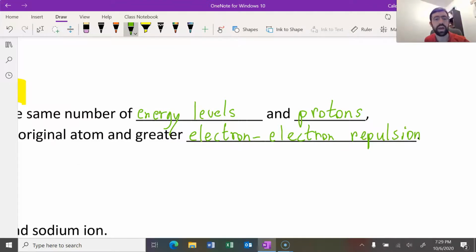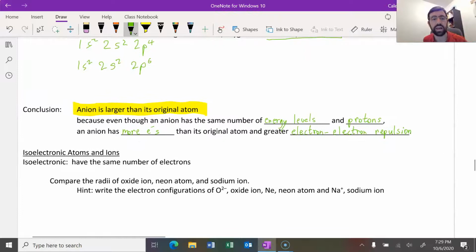What that means is we've got electrons that are close to each other, and remember, electrons have like charges, and like charges repel. So if you've got electrons in the same energy level, we got more electrons with no additional protons, so they're not being sucked in closer. We didn't actually go up in energy level, it's just more electrons in the same energy level.